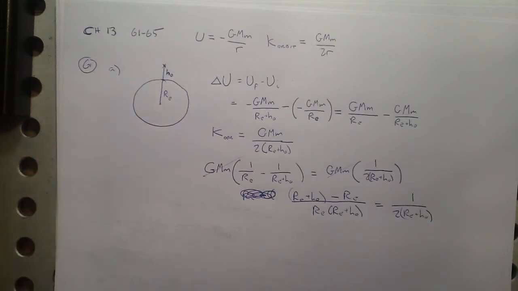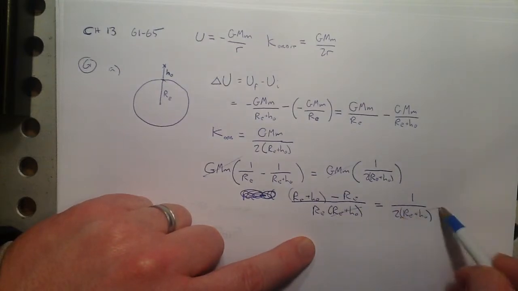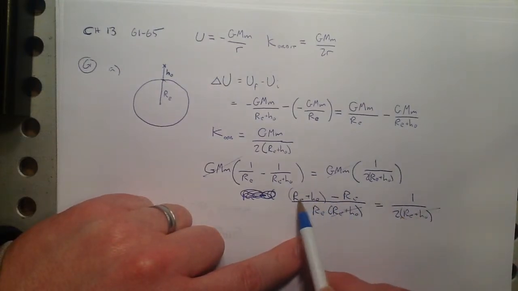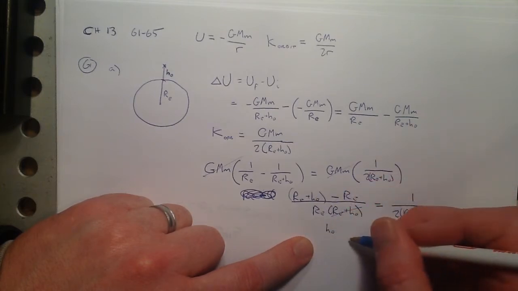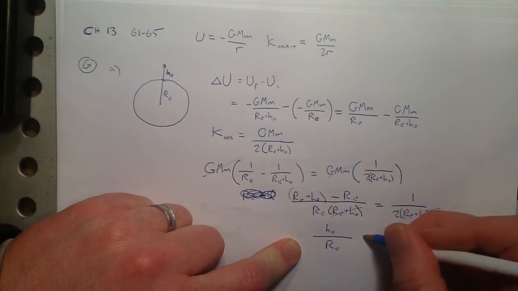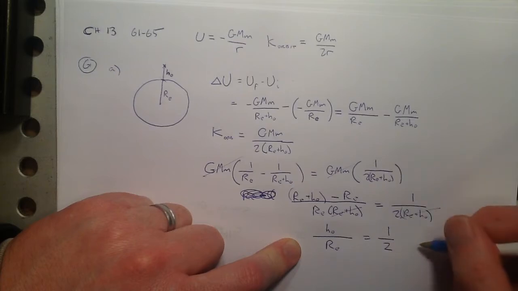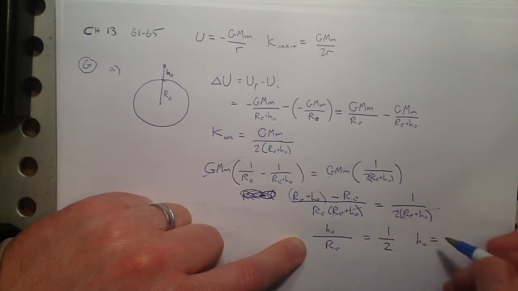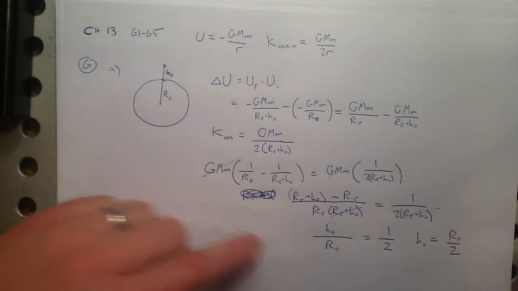Simplifying, I have this factor on the bottom of both equations, and R E minus R E on the top. So here I have h sub 0 over R E equal to 1 over 2, or the magical height that this happens at is the radius of the Earth over 2.